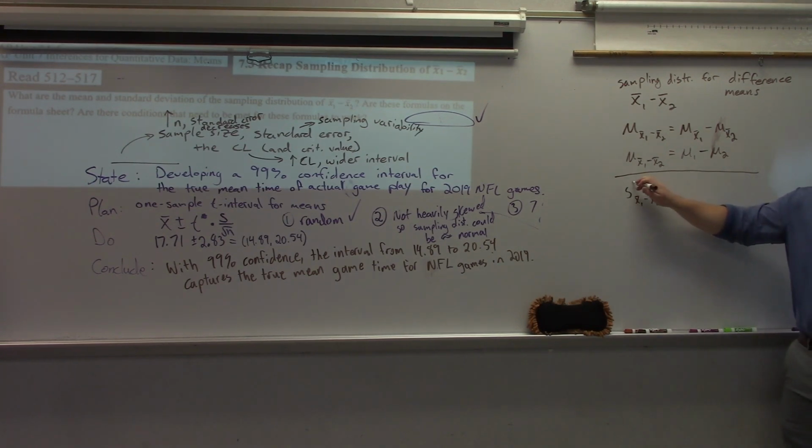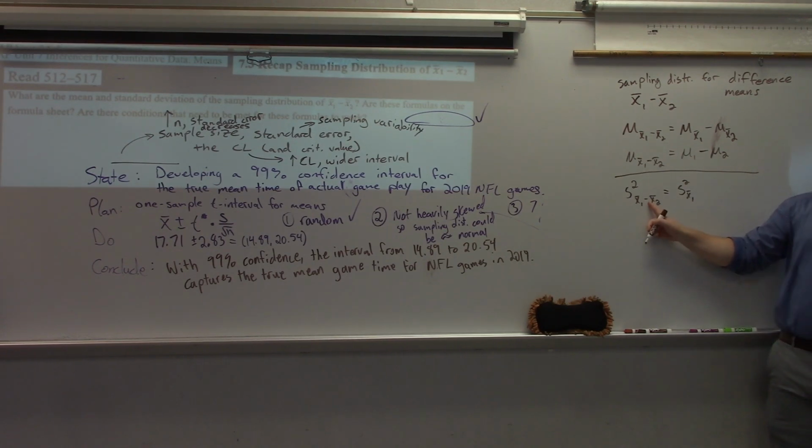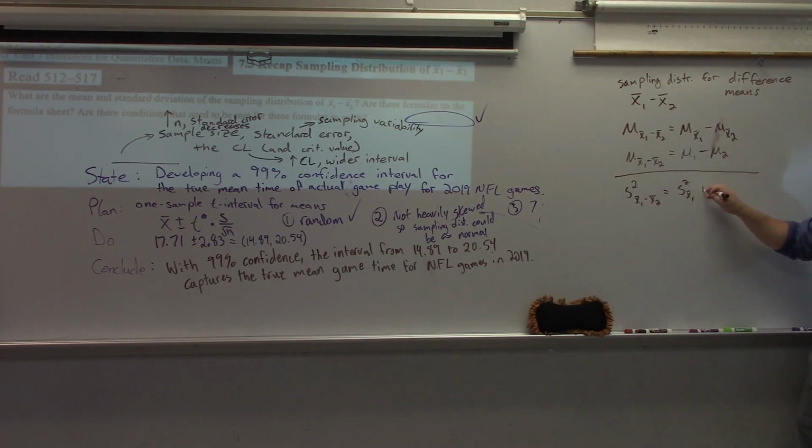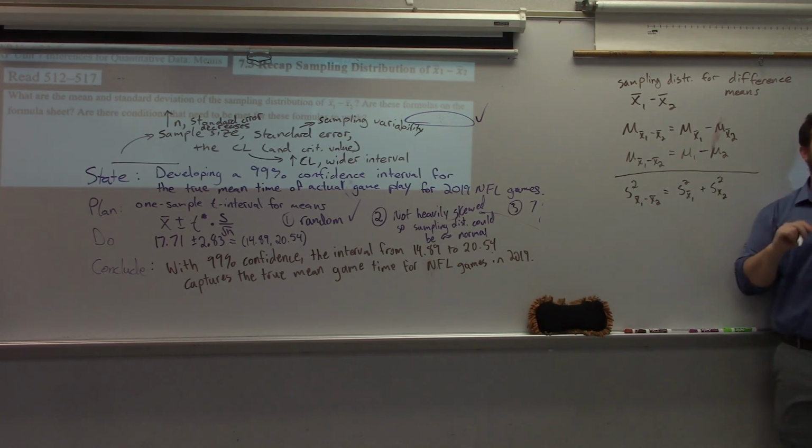I can't add the standard deviations, but I can add their variances. And even though it says minus here, variability only what? Increases. So what am I going to do here? Add. So remember, you cannot add and subtract standard deviations. You have to do the variances.